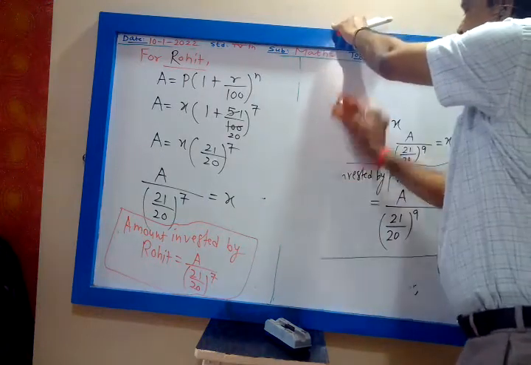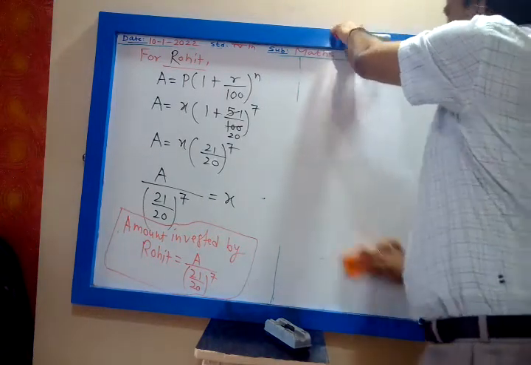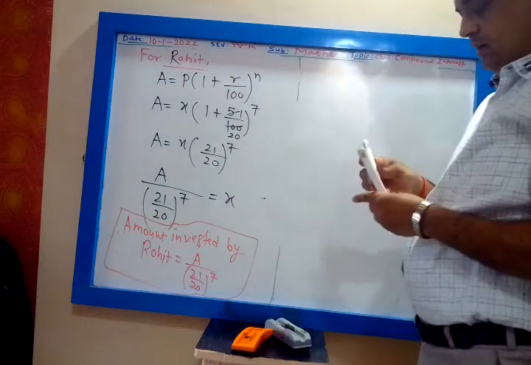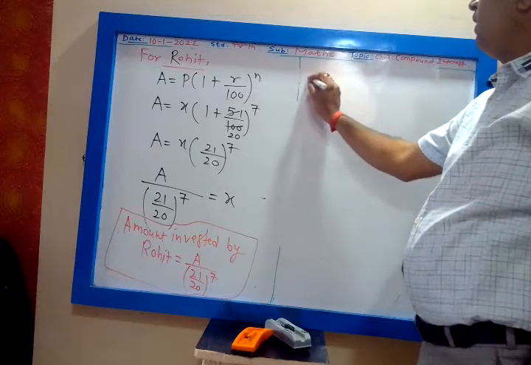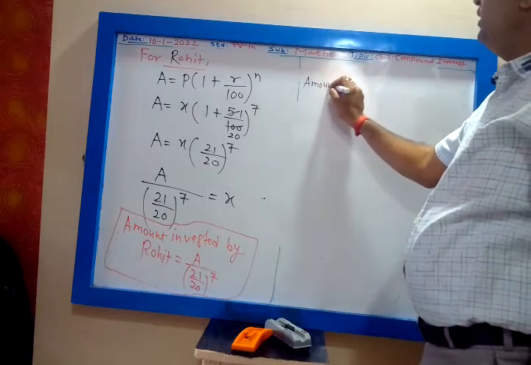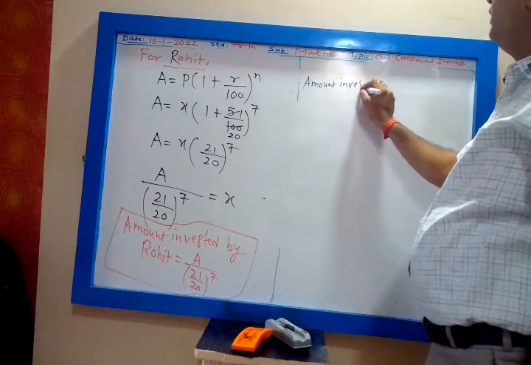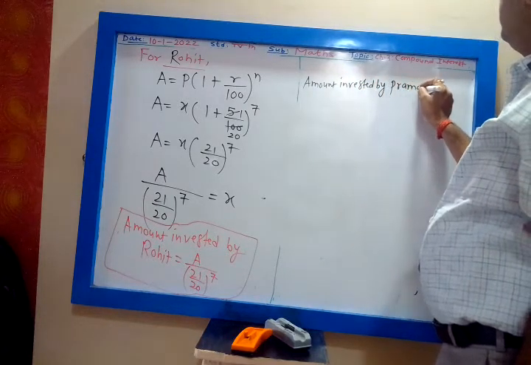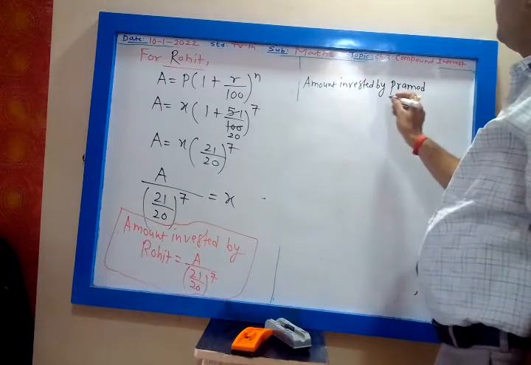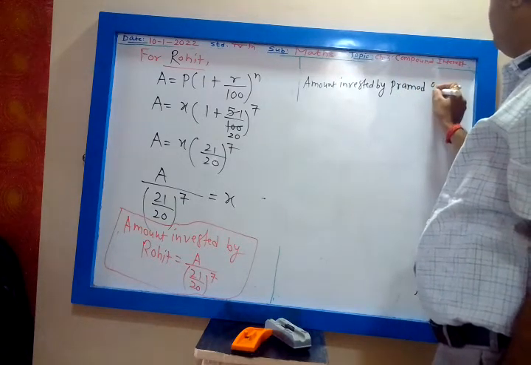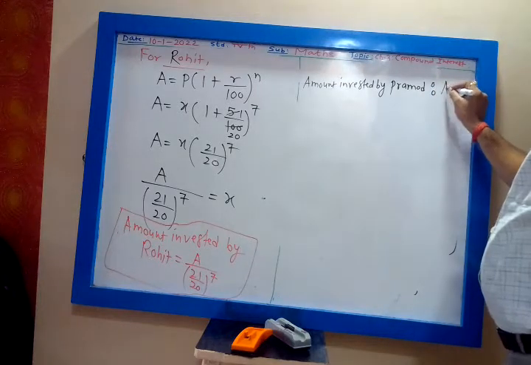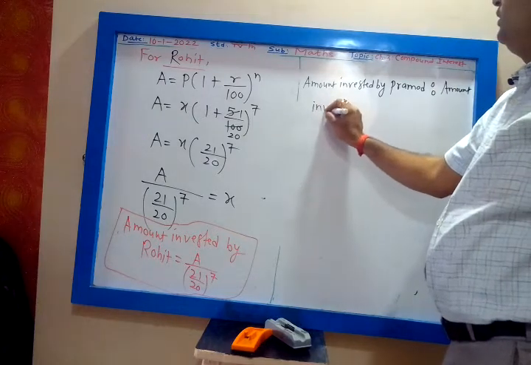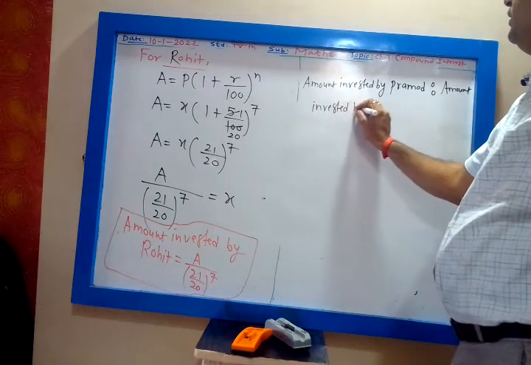So you will take the ratio of the amounts: amount invested by Pramod to amount invested by Rohit.